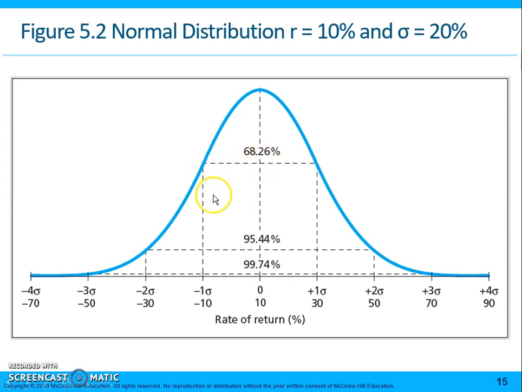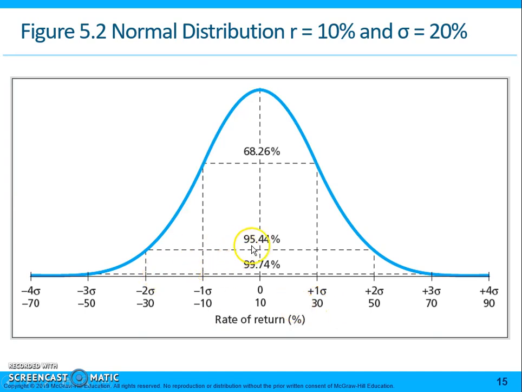68.2% of the observations are going to lie between one standard deviation on the downside of the mean and one standard deviation on the upside of the mean. So for our return here, that's a negative 10% and a gain of 30%.